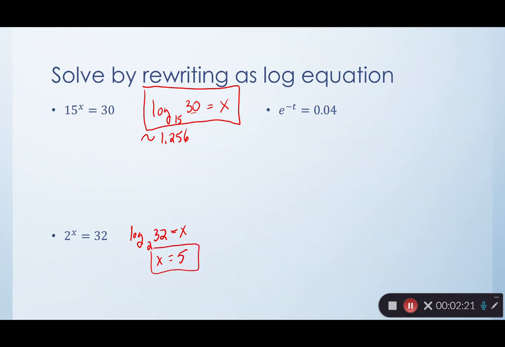e to the negative t equals 0.04. So this one will be natural log, right, because that's base e. ln of 0.04 equals negative t. And then we would say, hey, t is negative ln 0.04. And what is that?